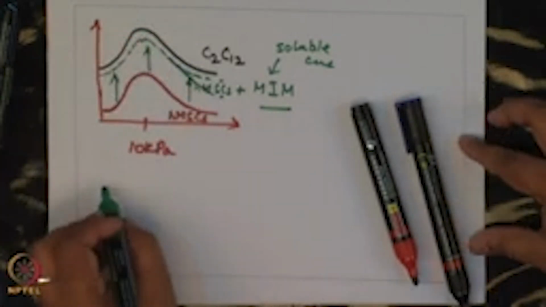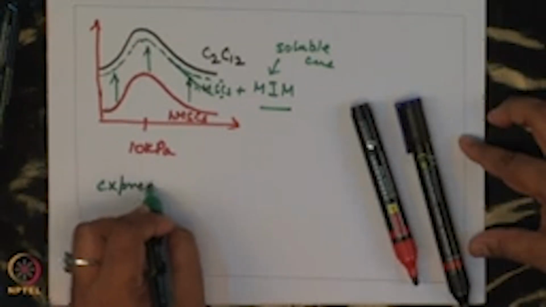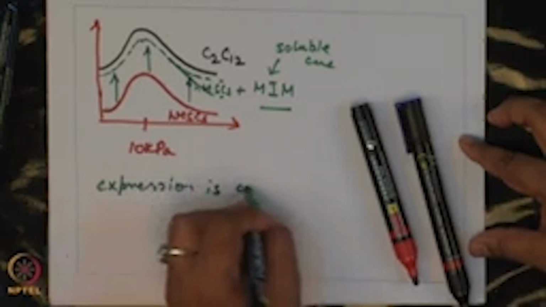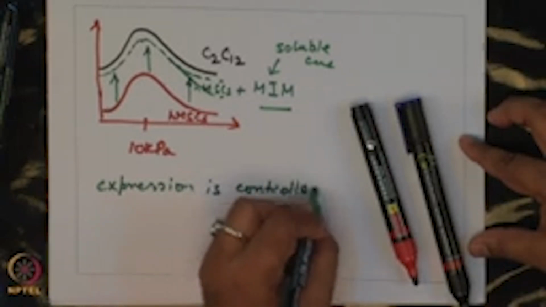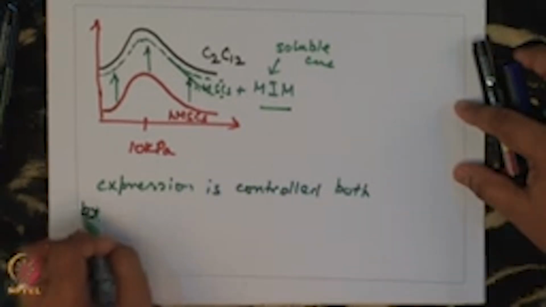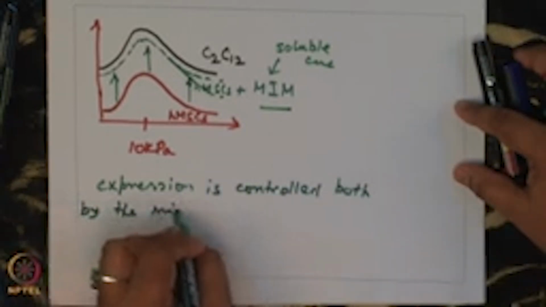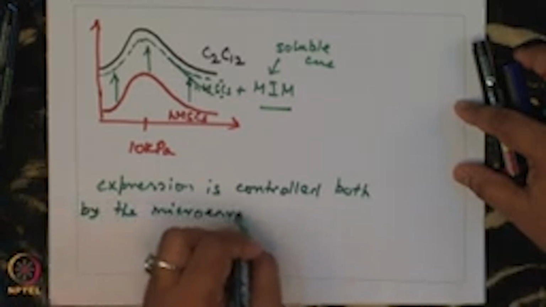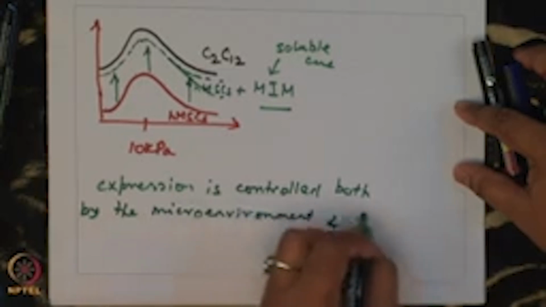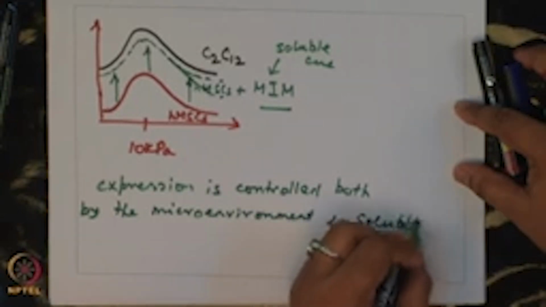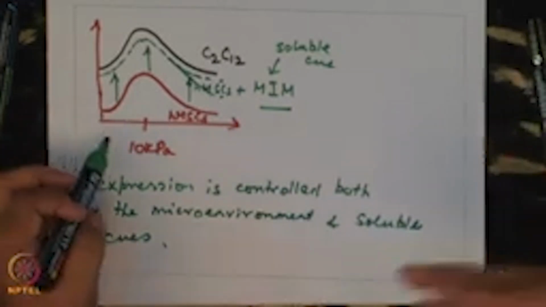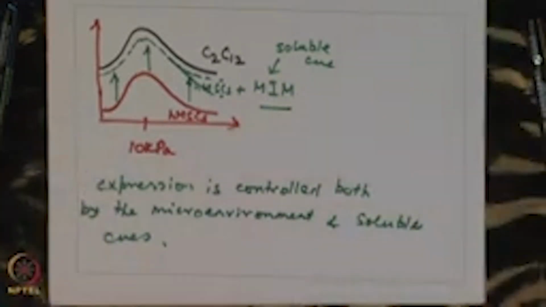Okay. So, this shows that your final expression is controlled both by the microenvironment and soluble ligands, soluble cues. Okay. So, this is an example where two signals had a synergistic effect.